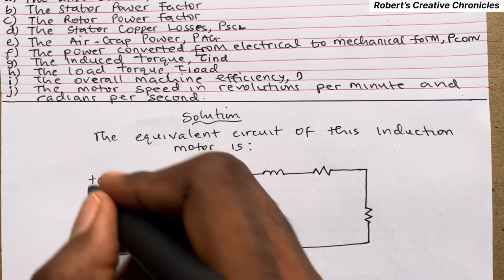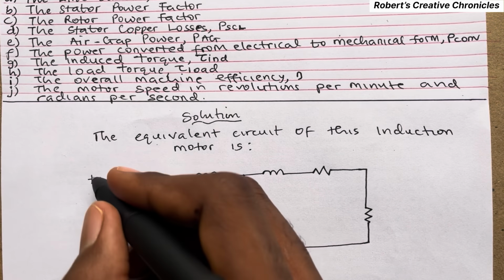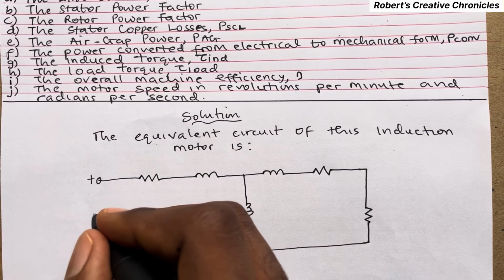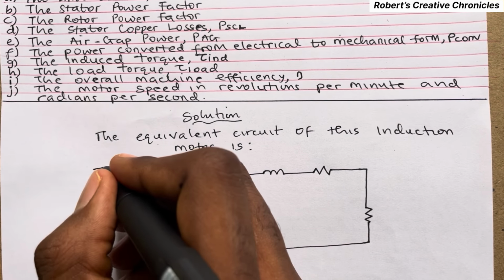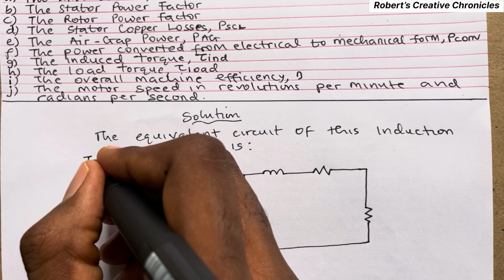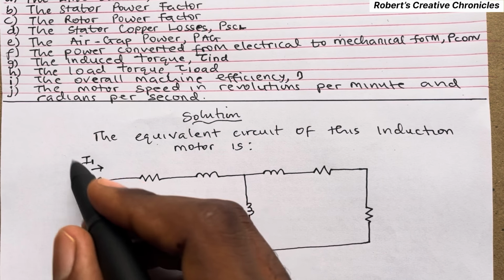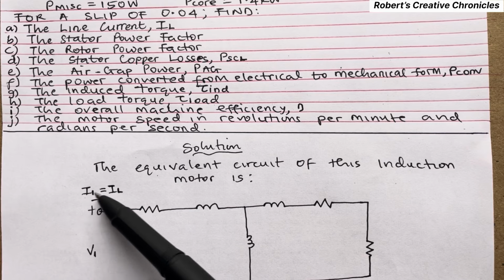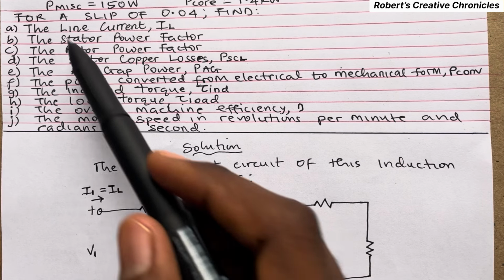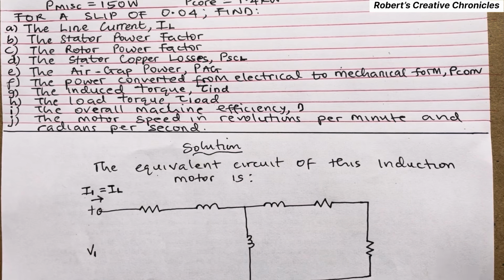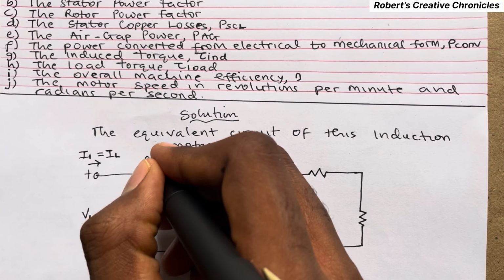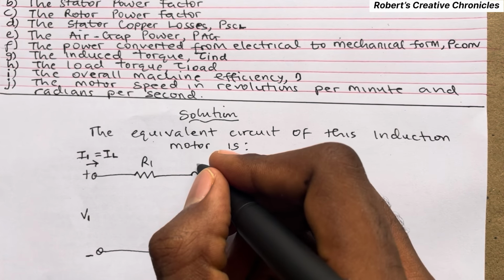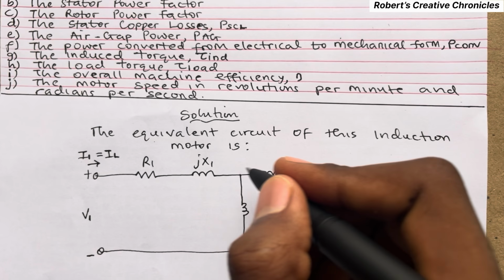So here is positive, here is negative. Then the voltage across here is V1. The current flowing through here is I1. This is also the line current, so I1 is equal to IL, which is the line current that we have to find in A. Then here is R1. This is JX1.